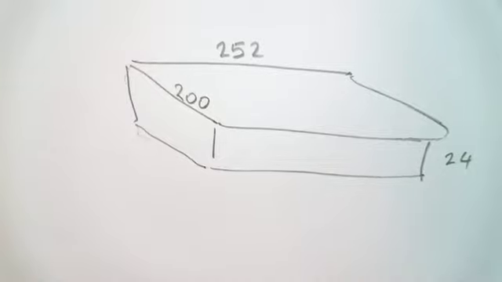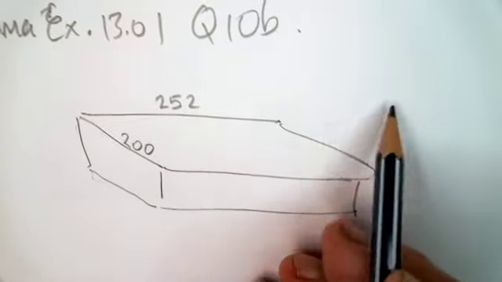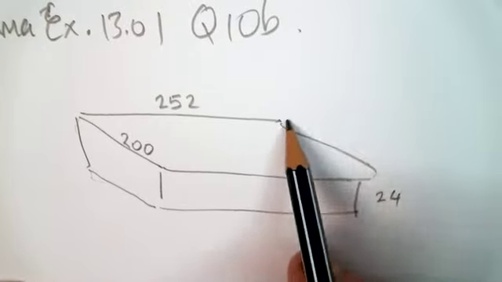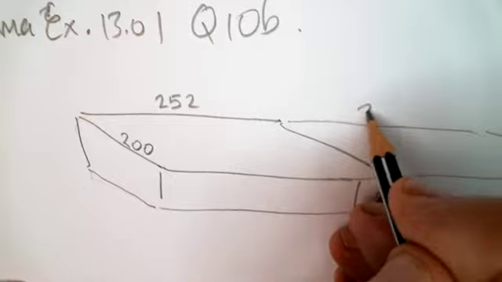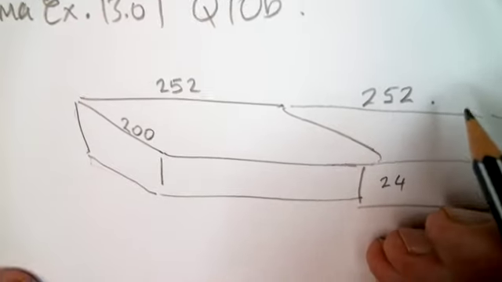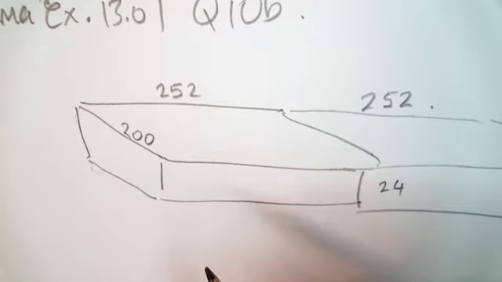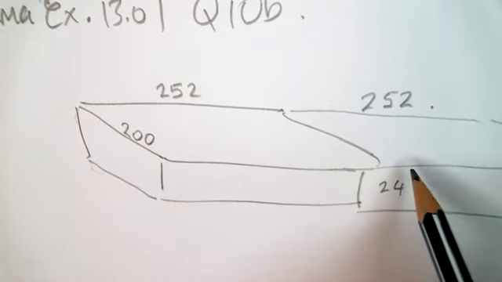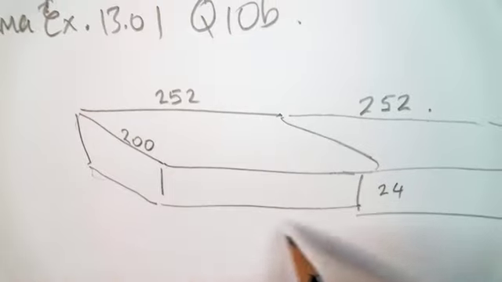So what we're going to have now is two stacks of 10. So we're going to have wide, this is going to be 252 followed by another 252, and of course it's still going to have the same width. Or we could have, and I think it's probably more likely that we'd have the box with the 252 going this way.